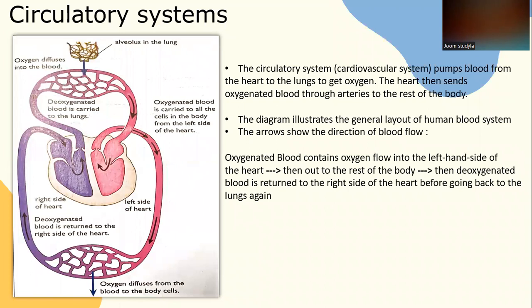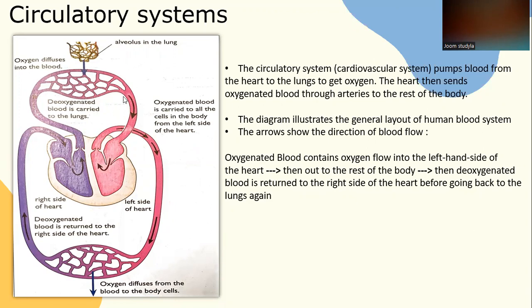Now we look at the circulatory system. The circulatory system, or cardiovascular system, pumps blood from the heart to the lungs to get oxygen, and the heart then sends oxygenated blood through arteries to the rest of the body. The diagram on the left-hand side illustrates the general layout of the human blood system.